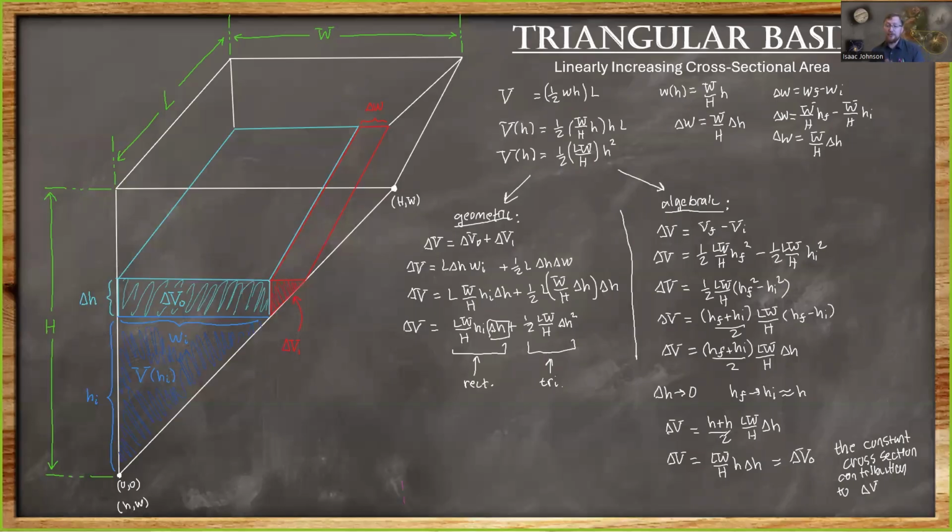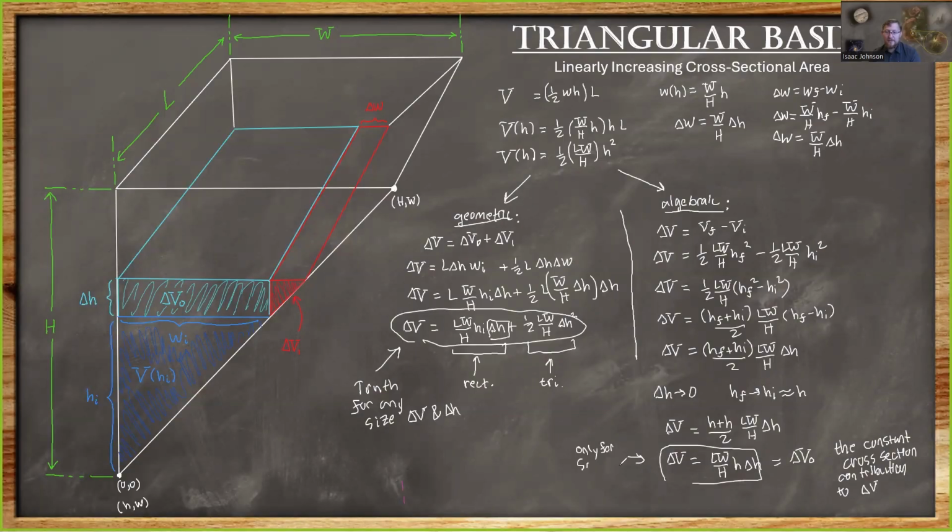But like I said, this really only works if delta H is very, very small. If you are doing a delta H that's not very, very small, you need to do this, right? This is gospel truth for any size delta H or delta V, and delta H. And this is only for small delta H. And because we've made delta H so stinking small, we decide to use a different notation, right?